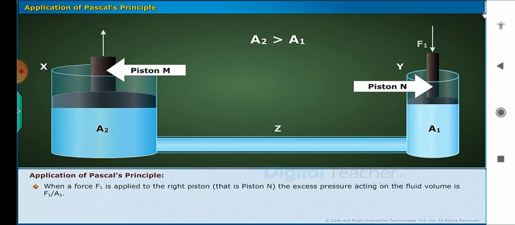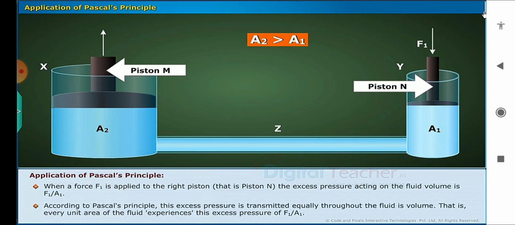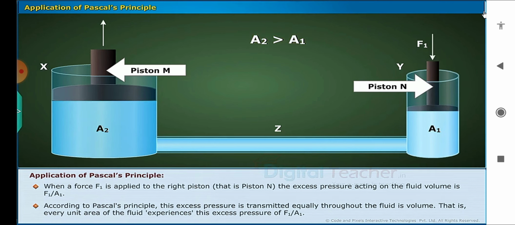When a force F1 is applied to the right piston, that is piston N, the excess pressure acting on the fluid volume is F1 by A1. According to Pascal's principle, this excess pressure is transmitted equally throughout the fluid volume. That is, every unit area of the fluid experiences this excess pressure of F1 by A1.